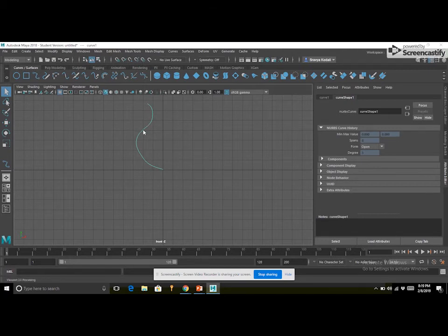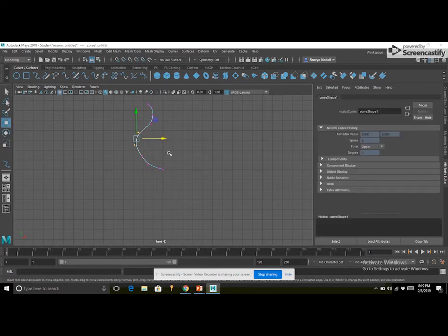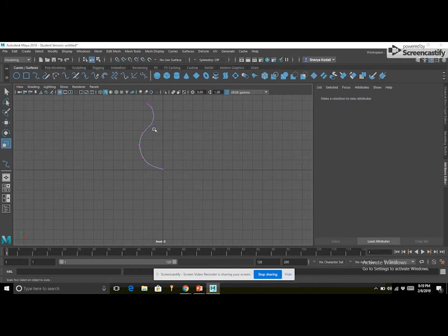So I'm going to the control vertex and I'm trying to edit this curve. I'm trying to adjust the shape. Yeah, adjusting the scale. So now we are good.